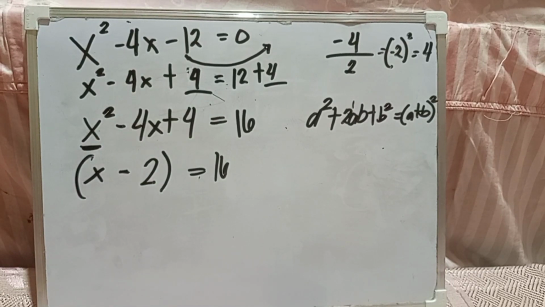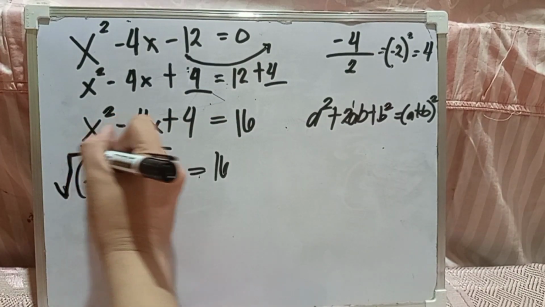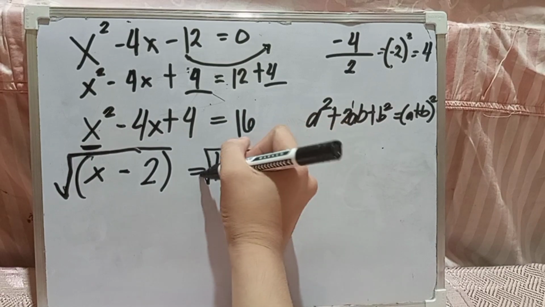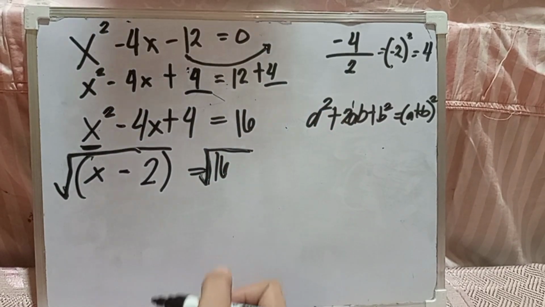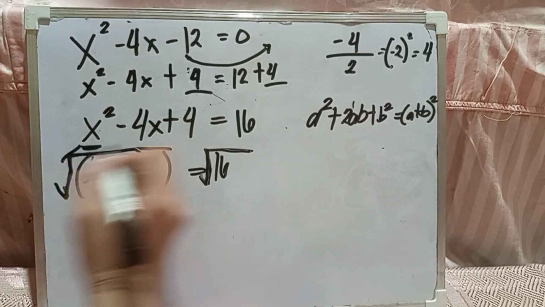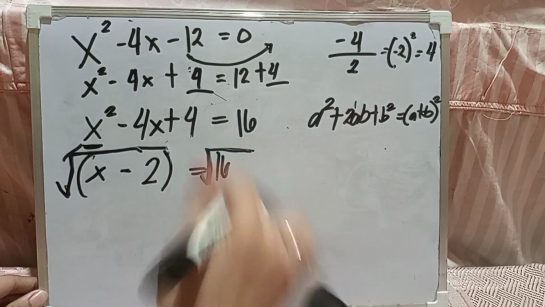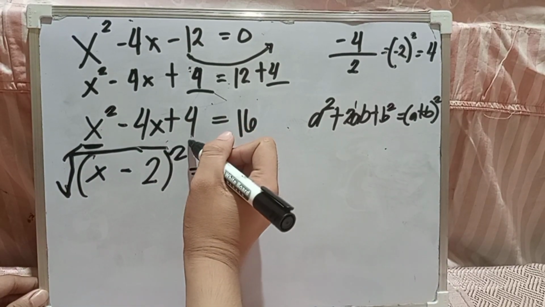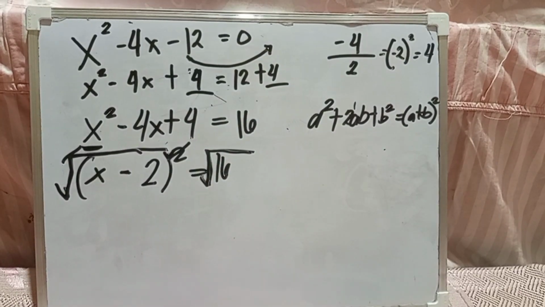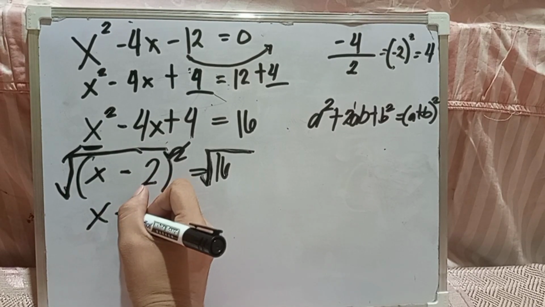After this, we take the square root of both sides of the equation. We can cancel the square, so the left side becomes x minus 2.